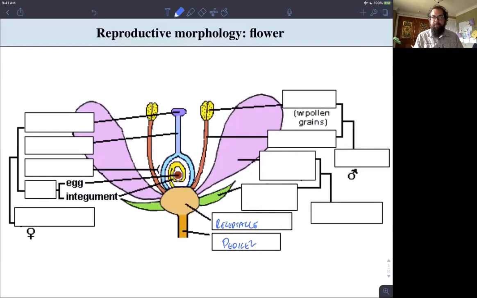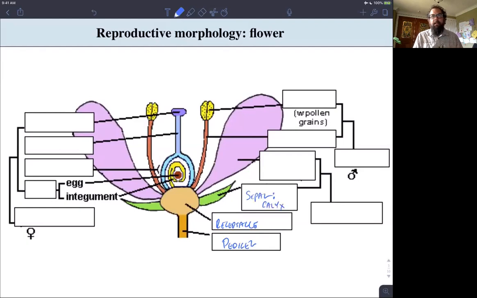We then have the outermost whorl of flower parts, and these are the sepals. So this is an individual sepal. This whole whorl together, a lot of these are going to have collective terms that go along with it. All of the sepals together we call the calyx.